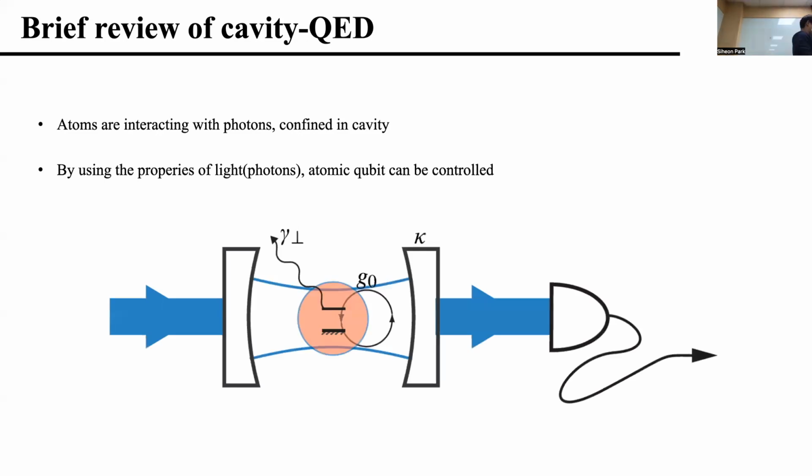This is the conceptual picture. There is an atom, and the atom has two levels. The two levels are used for the qubit, and the light can change the level of the qubit. So we can control the qubit.